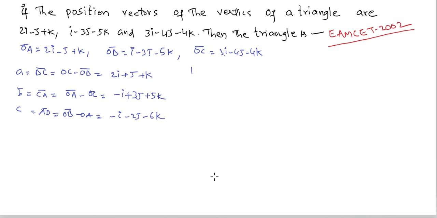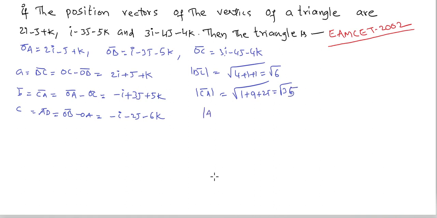Now we find the modulus of BC bar, equal to root of 4 plus 1 plus 1, equal to root 6. Modulus of CA bar is root of 1 plus 9 plus 25, root 35. And modulus of AB bar is equal to root of 1 plus 4 plus 36, equal to root 41. Observe these lengths.